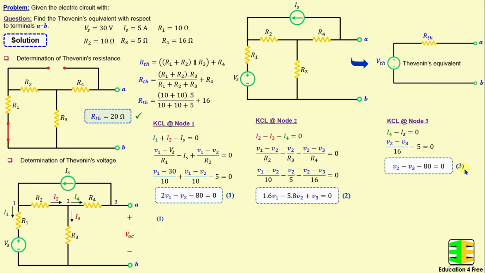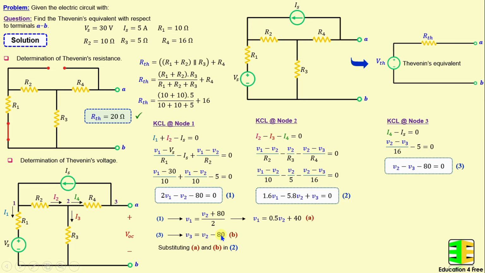Now from equation 1, we can write V1 in terms of V2. That means V1 is equal to 0.5 times V2 plus 40. And from equation 3, we can write V3 in terms of V2. That means V3 is equal to V2 minus 80.